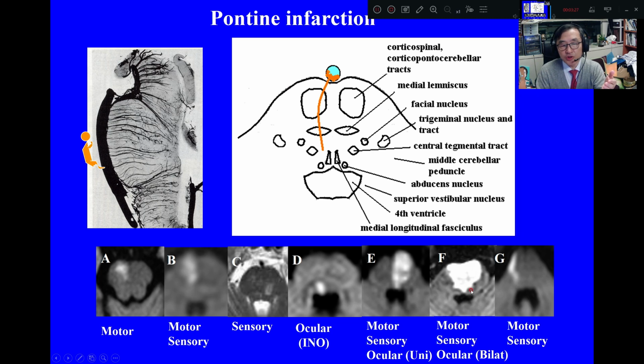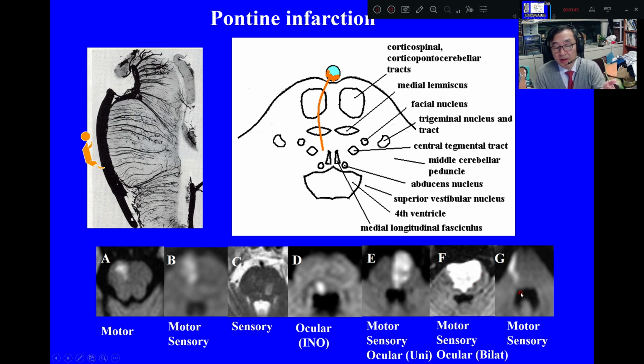But sometimes lesions occur bilaterally, then it will lead to bilateral motor, sensory, or oculomotor dysfunction. This is actually one of the worst types of stroke, leading to so-called locked-in syndrome.